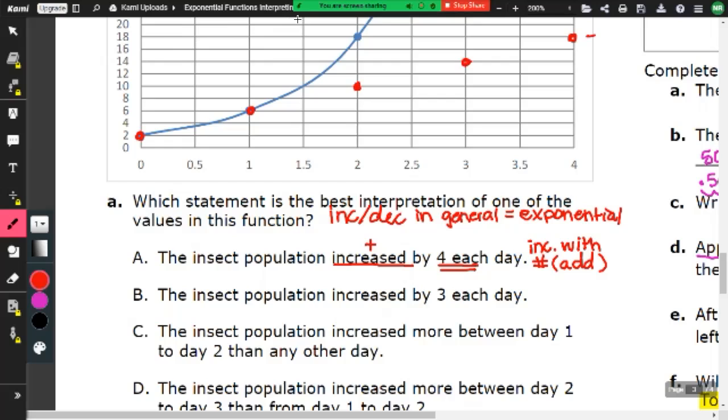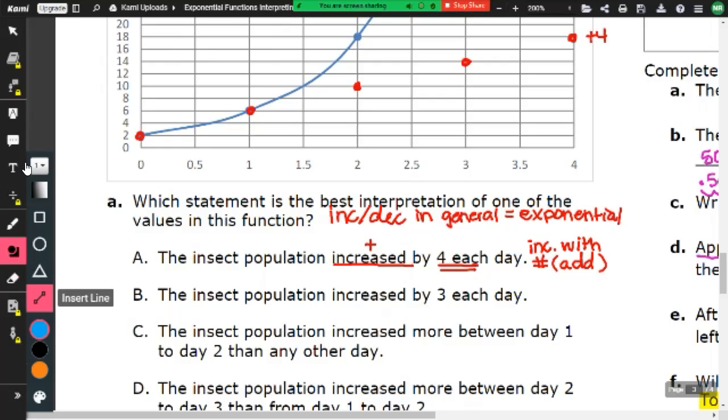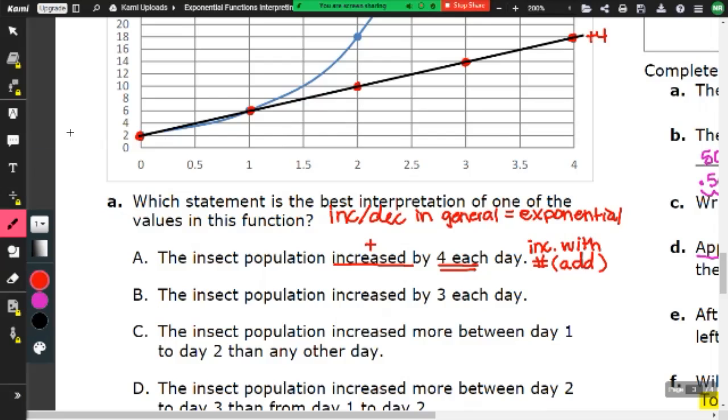So what happened because we were adding 4 each day? We ended up with a straight line. If you add the same amount every time, you will end up with a straight line, just like we talked about earning dollars every hour. So it cannot be A.